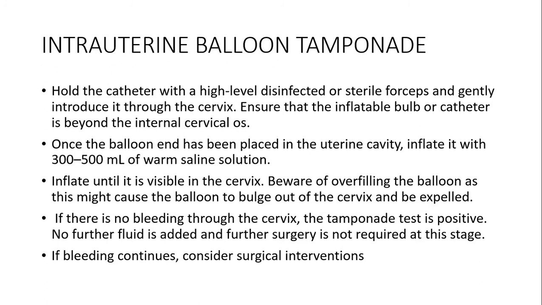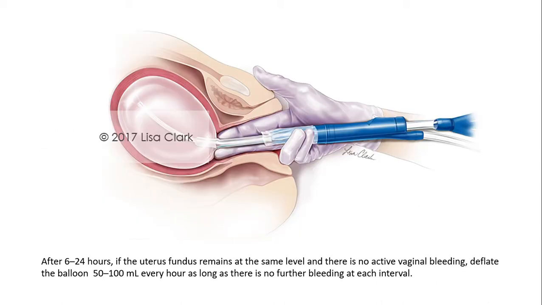The next option is to do intrauterine balloon tamponade. It's one of the new options which is now used across different maternity hospitals. This is a special catheter, which looks like this.